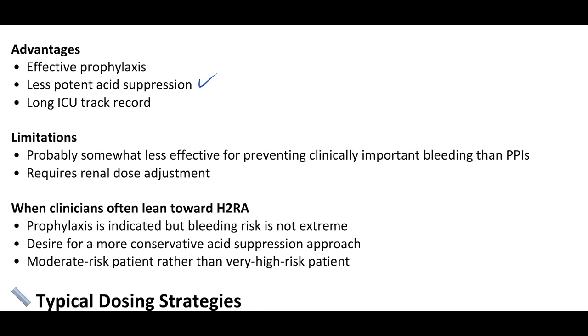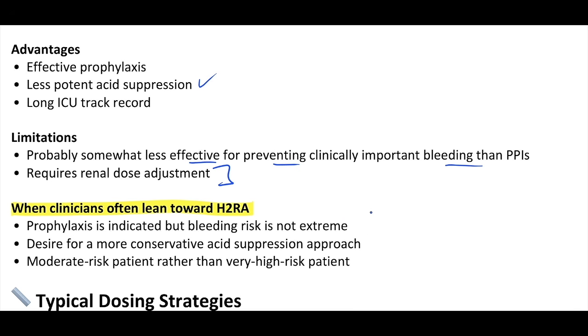Limitations: it is probably somewhat less effective in preventing bleeding than PPIs. That is probably true, but again, no mortality difference in the trials. And just note that famotidine and H2 receptor antagonists do require a renal dose adjustment. So when do clinicians often lean towards H2 receptor antagonists like famotidine over PPIs like pantoprazole?